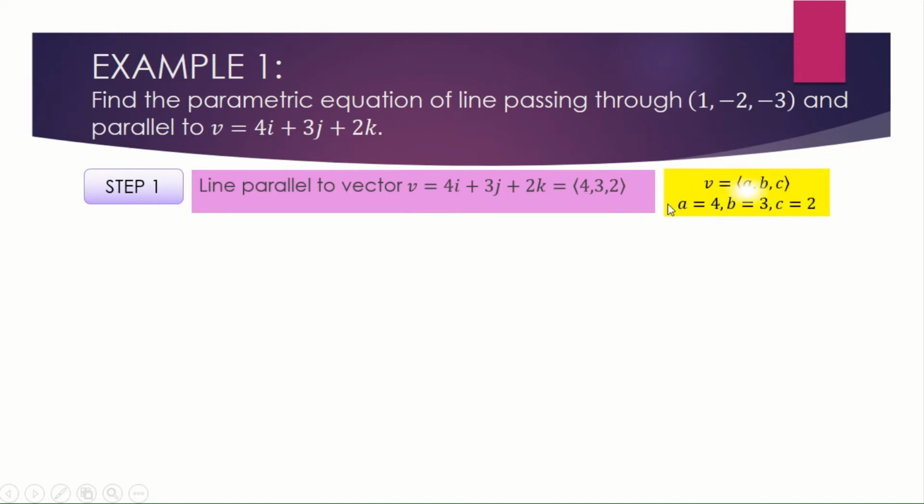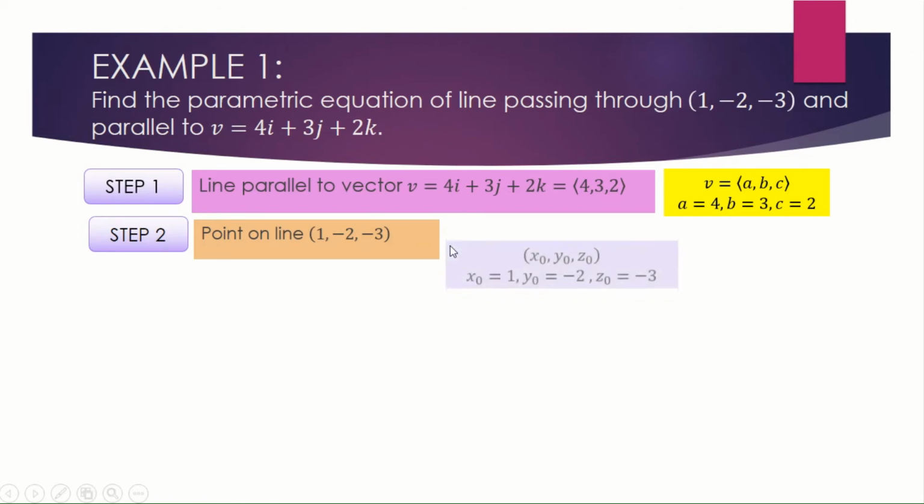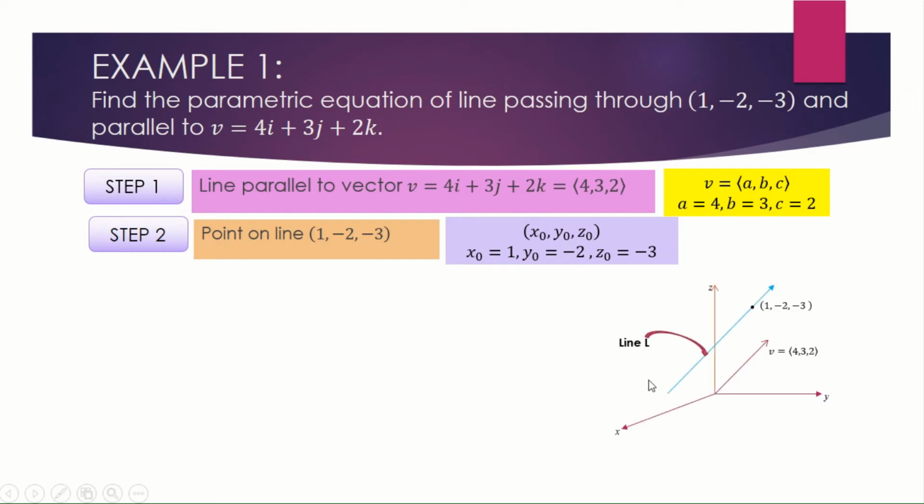Comparing to the parallel vector, we have a equal to 4, b equal to 3, and c equal to 2. The point on the line is (1, -2, -3), so x naught is equal to 1, y naught is equal to -2, z naught is equal to -3.